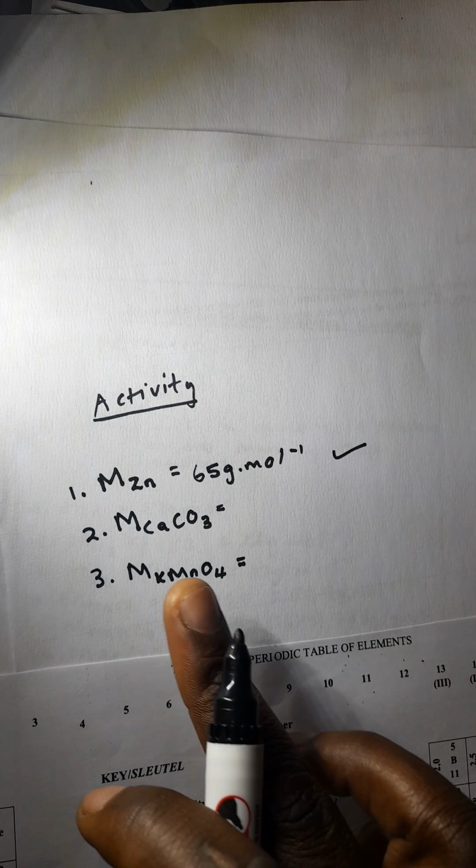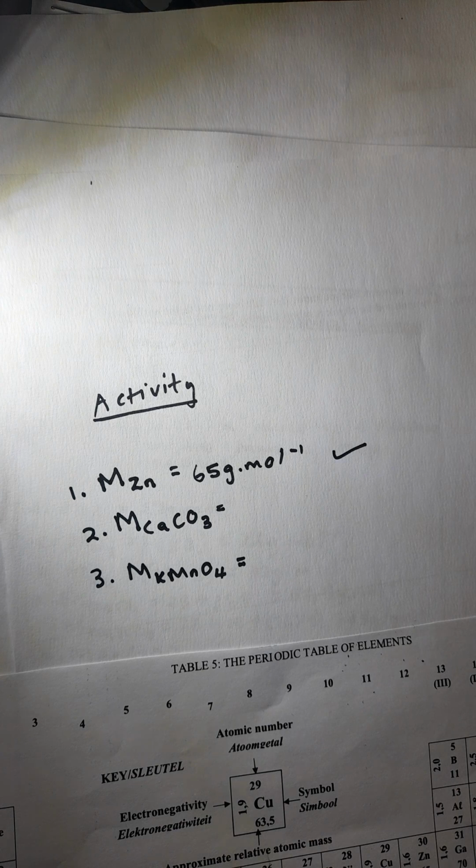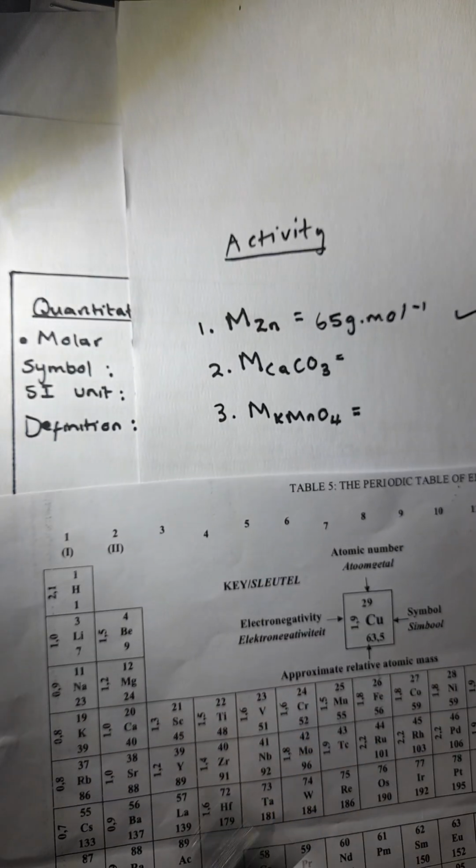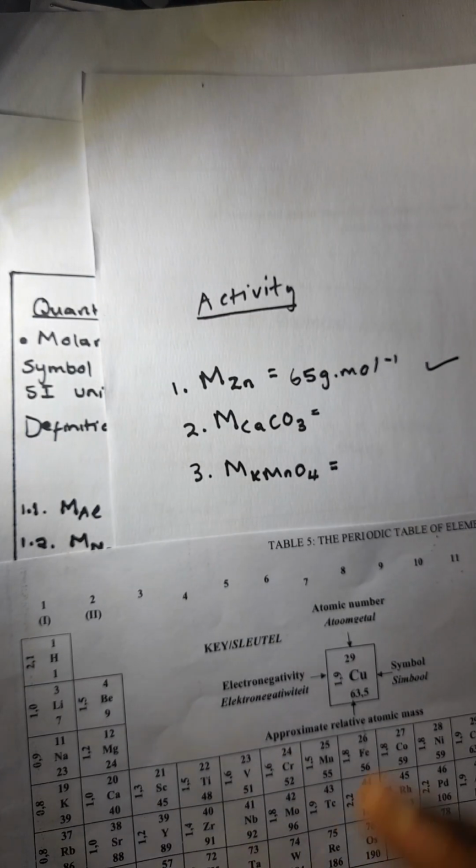What is the molar mass for calcium carbonate? And then let's look at calcium carbonate. Calcium, where is calcium? Number 20 on the periodic table. It has a molar mass of 40.